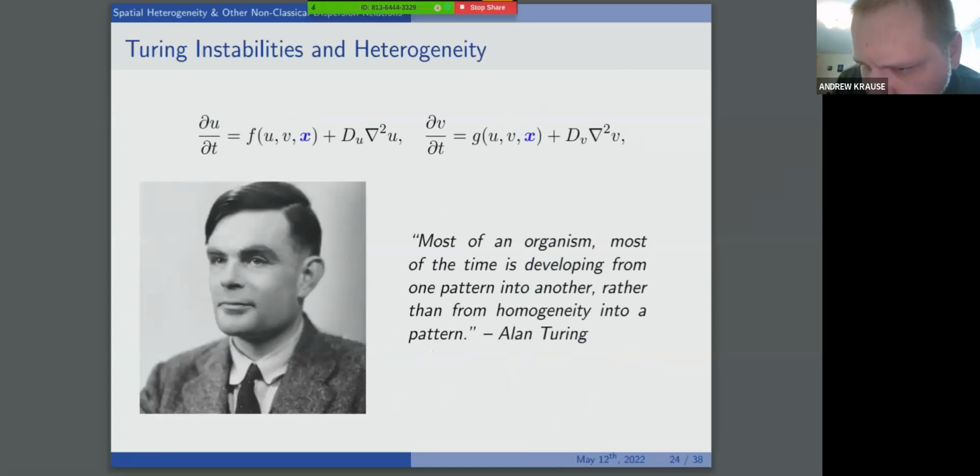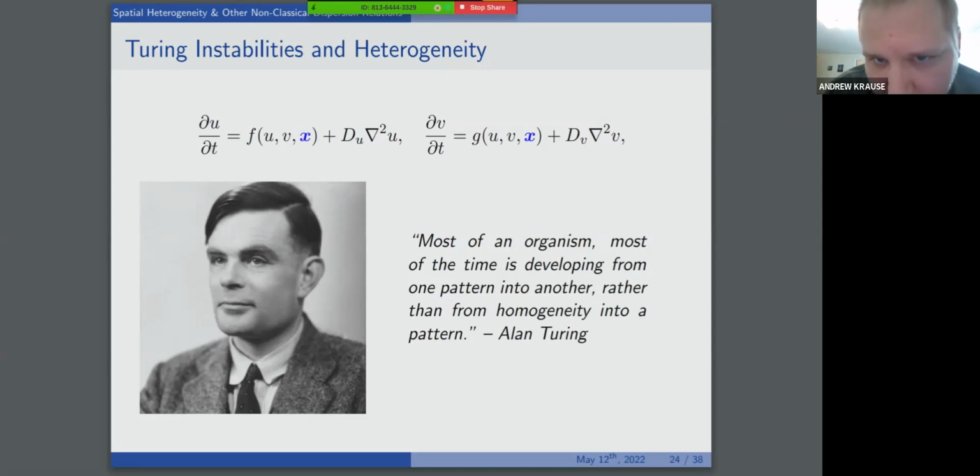Right, so let me mention now things which are more difficult from the mathematical point of view, but push things into a more realistic setting, which is something that Turing knew himself. You don't really have spontaneous pattern formation from a homogeneous equilibrium, right? A fertilized embryo at no point that I'm aware of is ever perfectly spatially homogeneous.